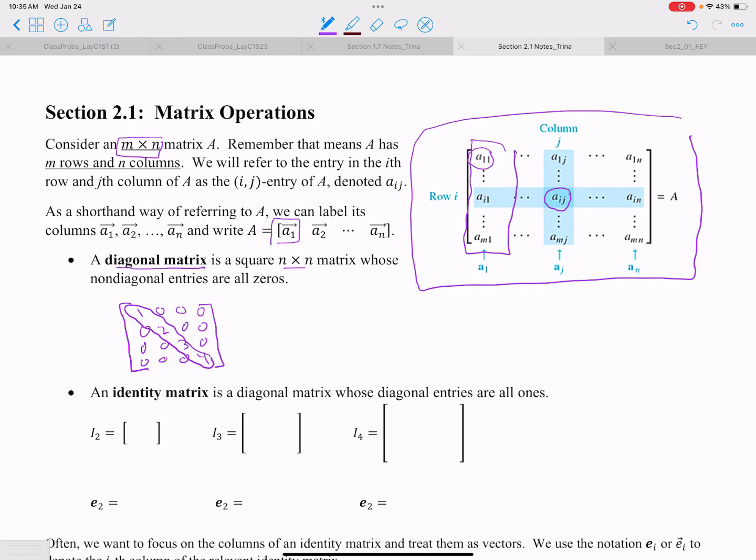Now one of the diagonals could be a 0, but all the ones that are off the diagonal have to be 0. In terms of MATLAB notation, oftentimes I use diag of 1, 2, 3, 4. So that tells you it's a diagonal matrix where the diagonal entries are 1, 2, 3, 4, and so you just know that all the rest are zeros.